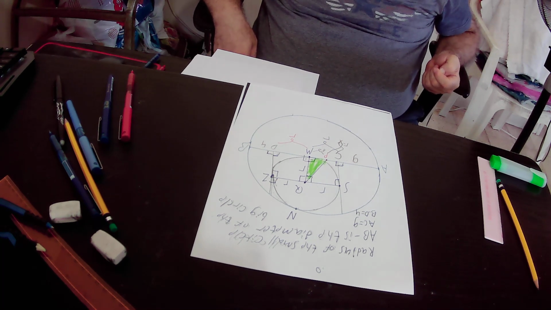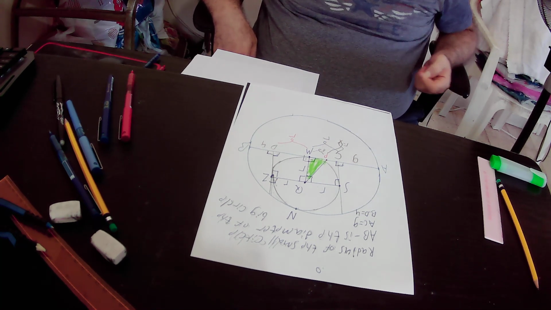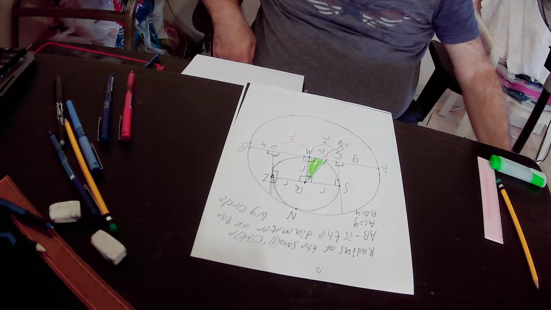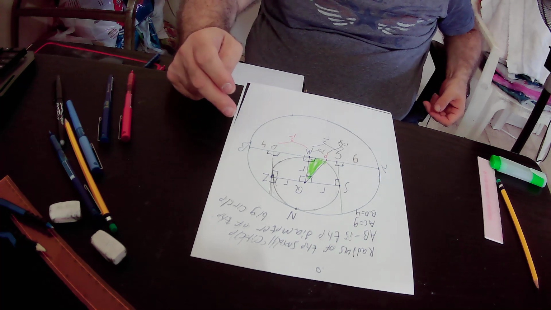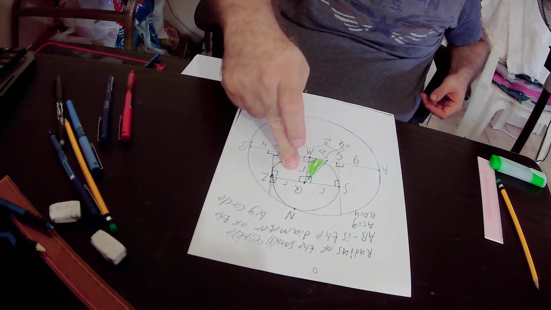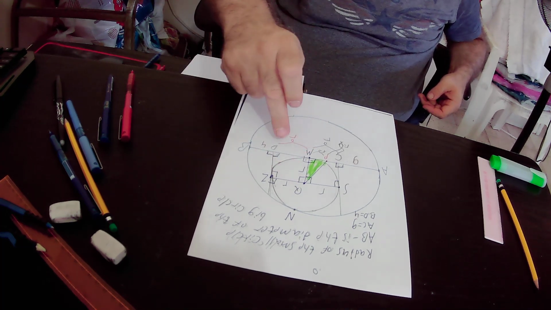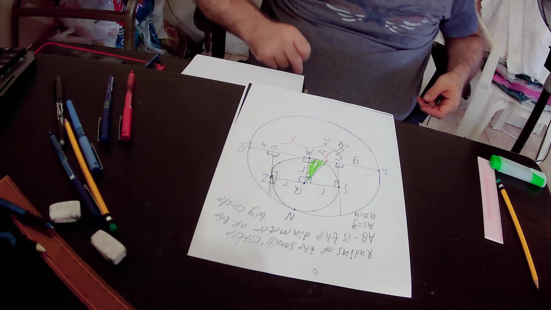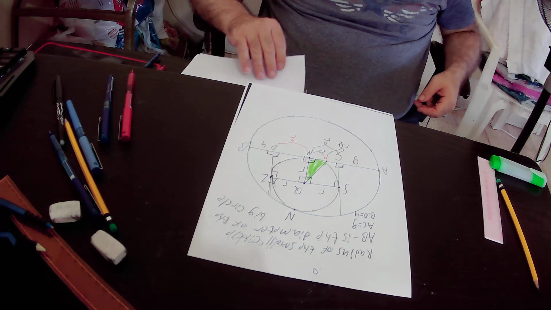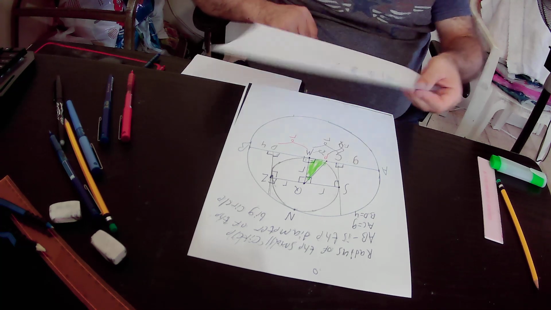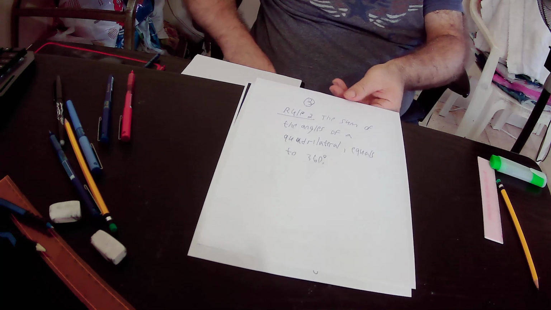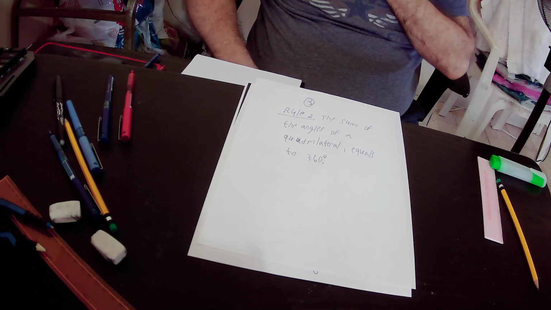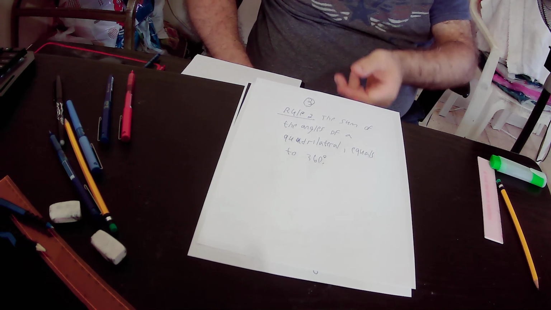Okay, so actually we created here a quadrilateral QZMD that has three right angles, and we have rule number 2 that states that the sum of the angles of a quadrilateral equals 360 degrees.